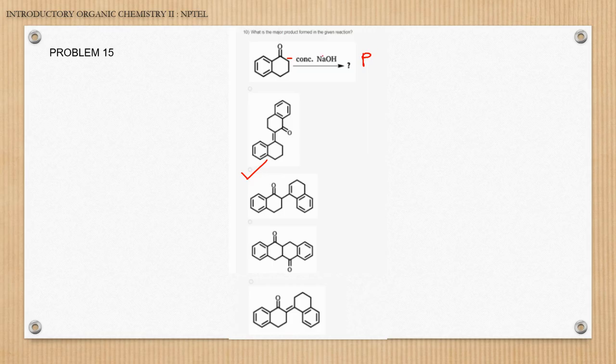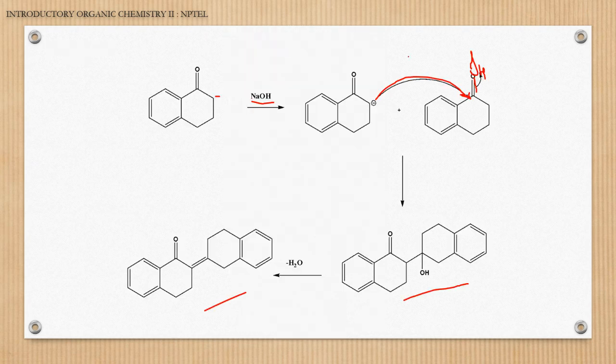For this to happen, what will happen? This will get generated, right? And this particular negative charge is getting attacked. Yes, but you can see that this is the particular dehydration site, and they have dehydrated from this side.